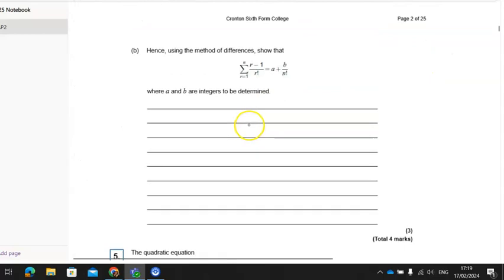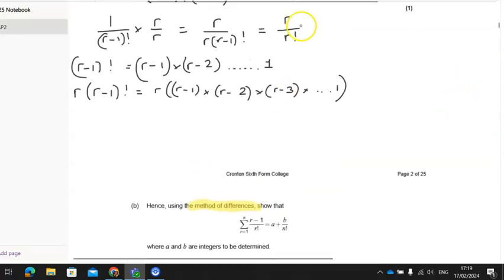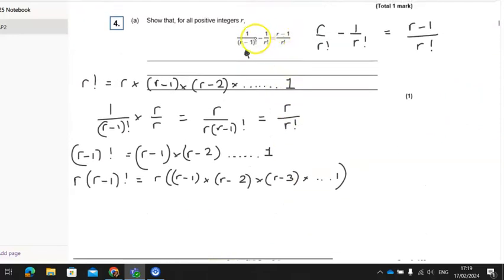Okay, so for part B, using the method of differences. We should know what that is all about. So even if you can't get the first bit right, we should be able to do the second bit. The method of differences is going to replace this with this here.